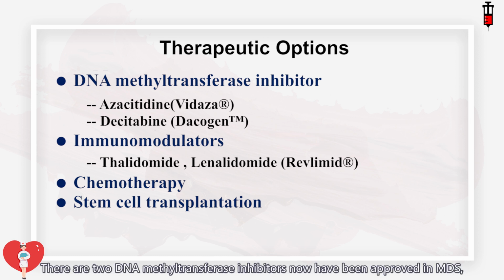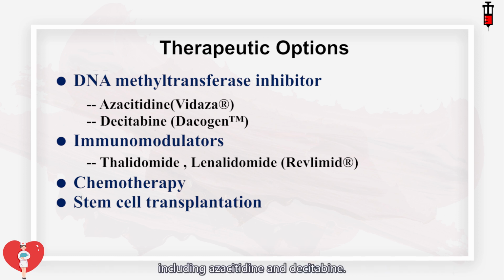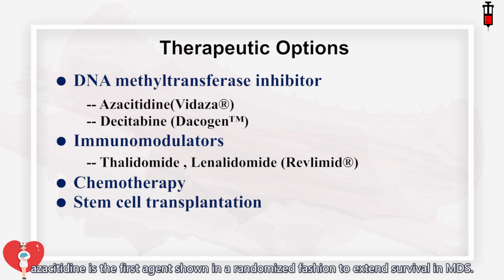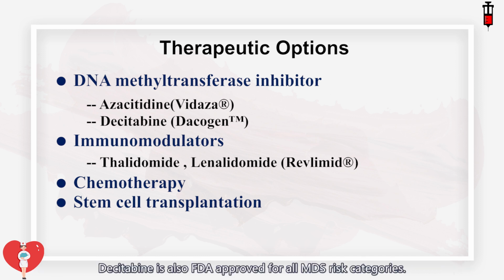There are 2 DNA methyltransferase inhibitors that have been approved in MDS, including azacitidine and decitabine. As we just said, azacitidine is the first agent shown in a randomized fashion to extend survival in MDS. Decitabine is also FDA approved for all MDS categories.